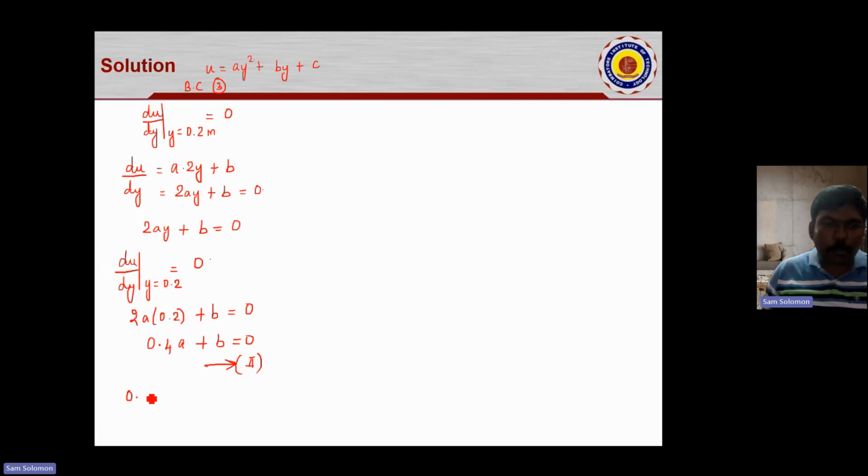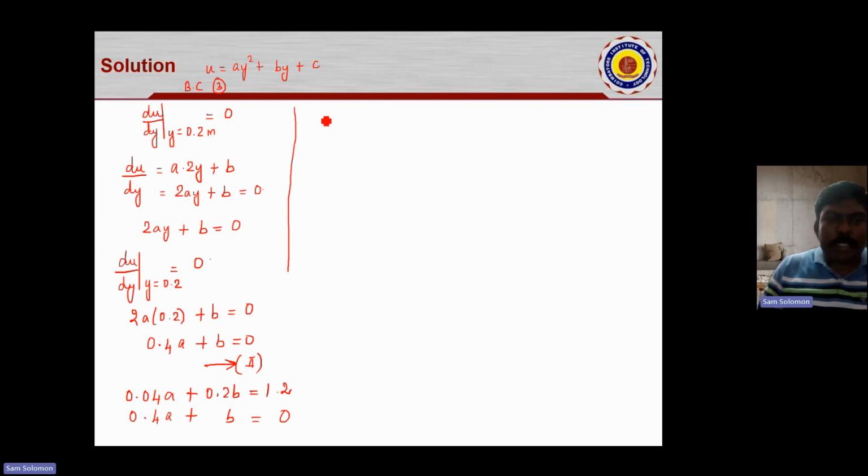So previously we have got 0.04a plus 0.2b equal to 1.2. Now we have got 0.4a plus b equal to 0. If we solve this, I am going to divide the second equation by 10, so that would give me 0.04a plus 0.1b equal to 0.